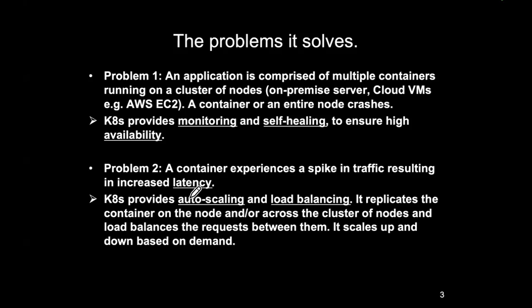And once it starts spinning up multiple instances of a particular container, then it will also obviously take care of load balancing the traffic across the various instances. And again, that's all built into the Kubernetes software.